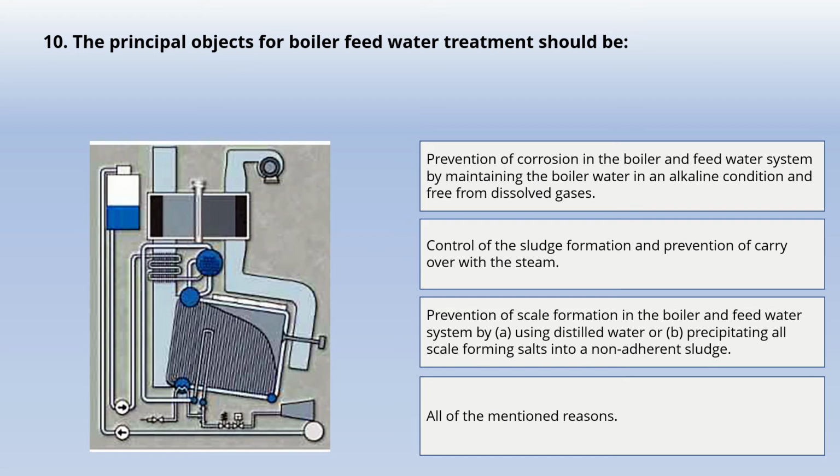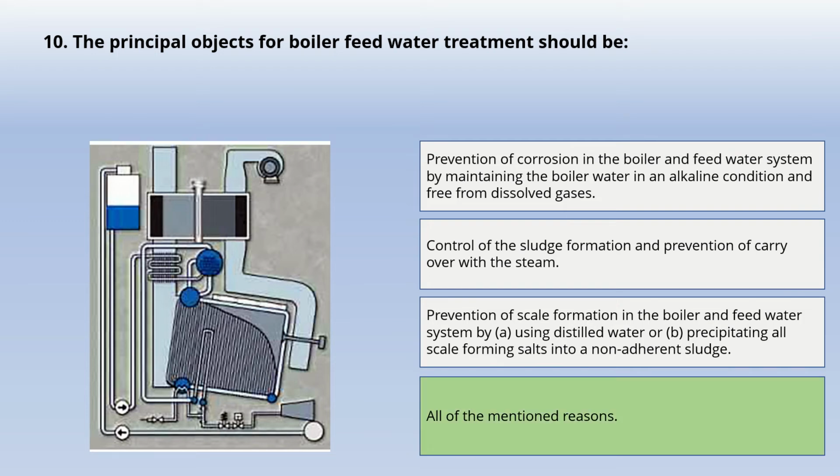Our next question is, the principal objects for boiler feed water treatment should be, and the options are prevention of corrosion in the boiler and feed water system by maintaining the boiler water in an alkaline condition and free from dissolved gases, control of the sludge formation and prevention of carry over with the steam, prevention of sludge scale formation in the boiler and feed water system by first using distilled water or precipitating all scale forming salt into a non-adherent sludge, all of the mentioned region.